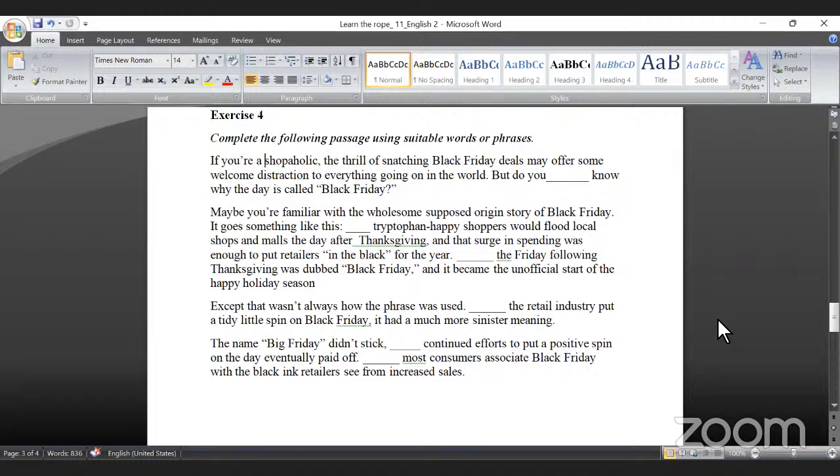Now, next blank: dash the Friday following Thanksgiving was dubbed Black Friday, and it became the unofficial start of the happy holiday season. This is easy. What will you use? Since. Read the sentence together and you'll get the answer.